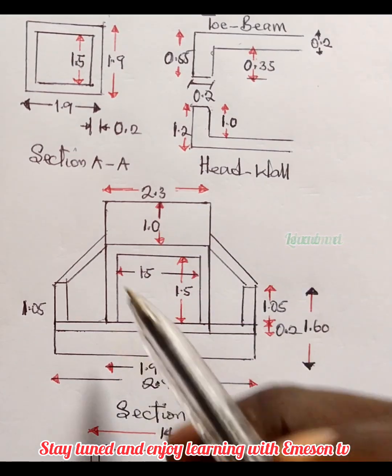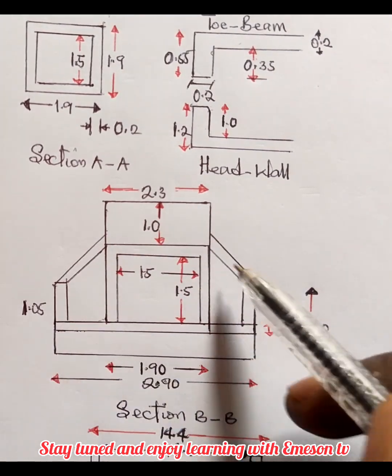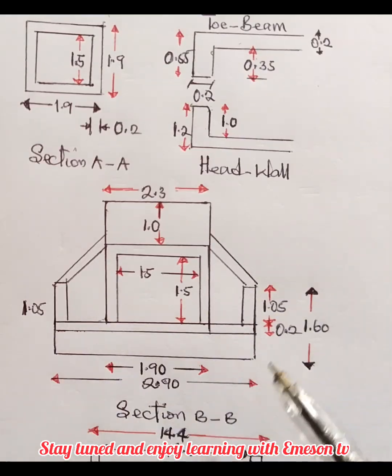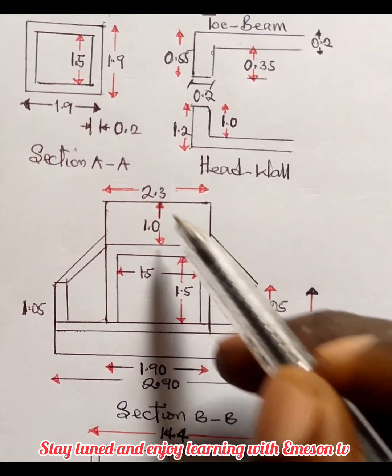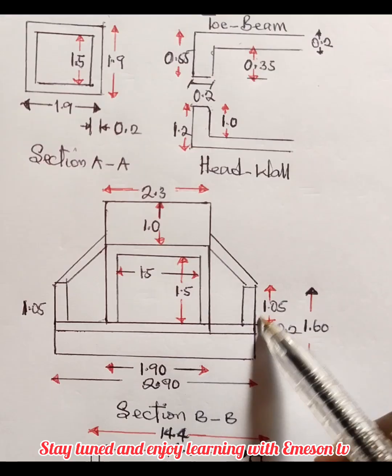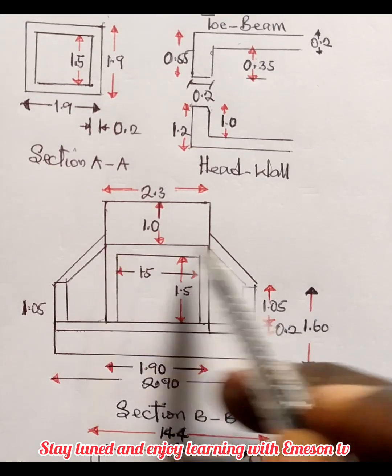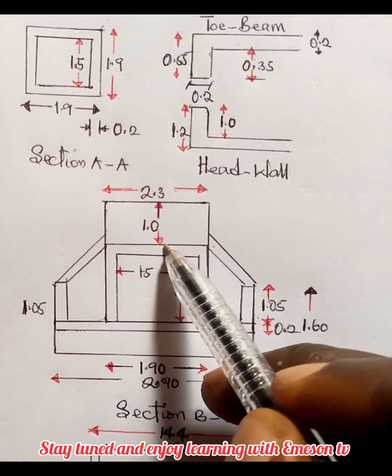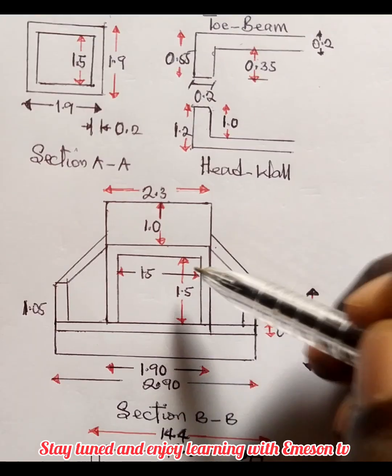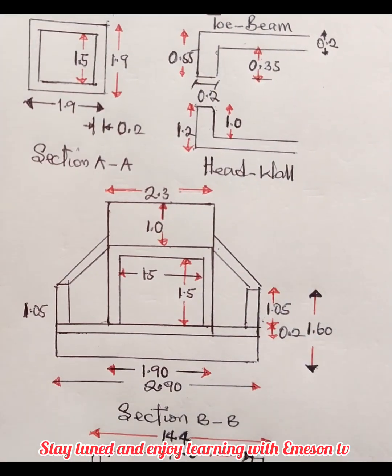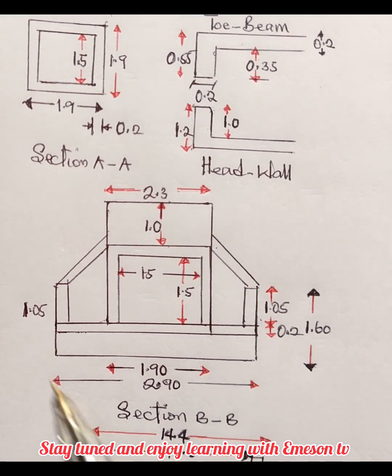You see part of your wing walls. These are the things you're going to see, and the dimensions have been given. From this point to this point is 1.5, from here to here is 2.3, from there to here is 1.0. That is the height of our wing wall, 1.0. These are the things you see when you take section BB.